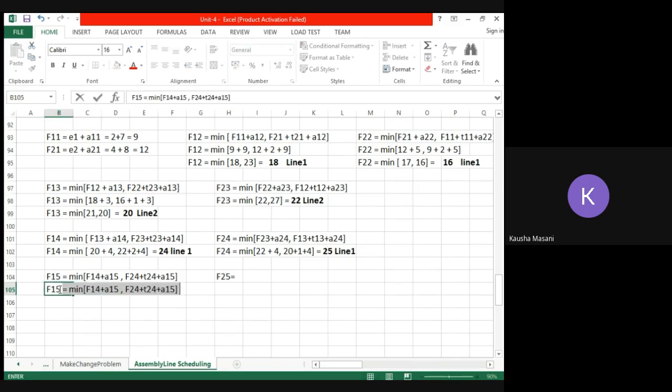So F15 is equal to the minimum value out of 32 and 35. That is what you should be getting. Okay, so F15 is 32, from line 1.